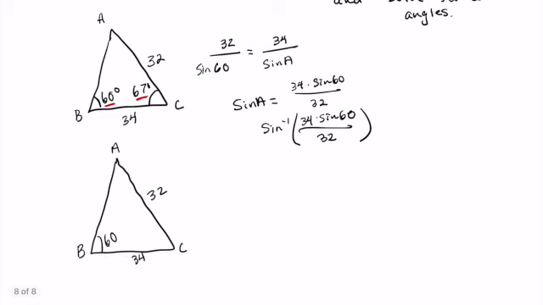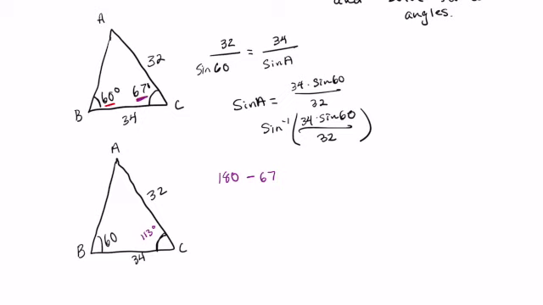And now, to find the measurement of angle C, I have to take 180 and subtract the angle I found the first time. What I'm doing is finding the supplement to that angle. So 180 minus 67 gives me 113 degrees.